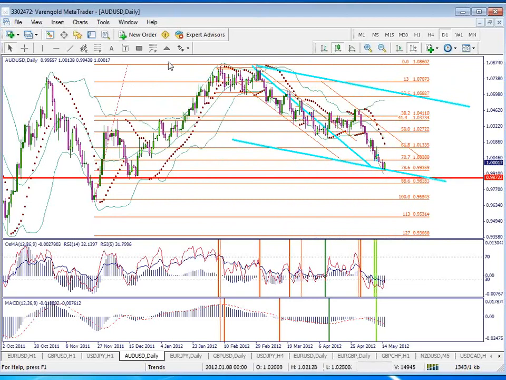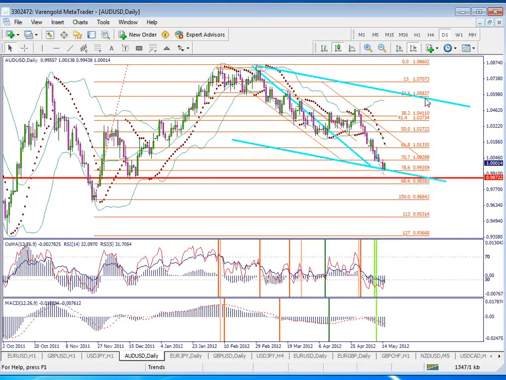So on daily, we can see that the pair reached 78.6 and a value of 0.9935. Actually, the target was the parity.